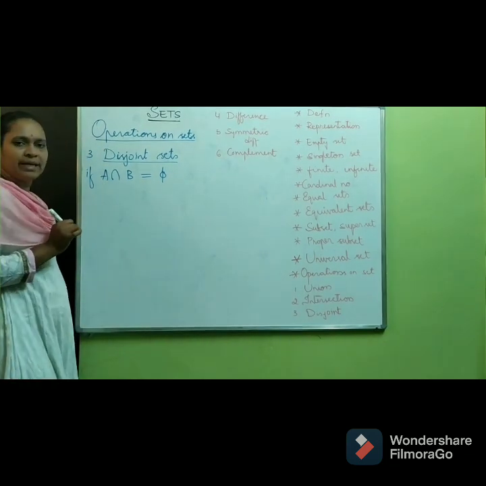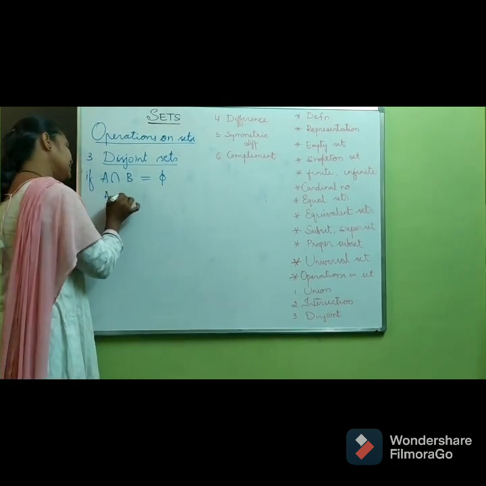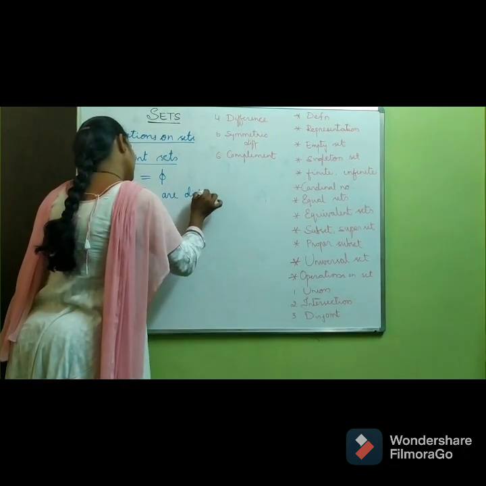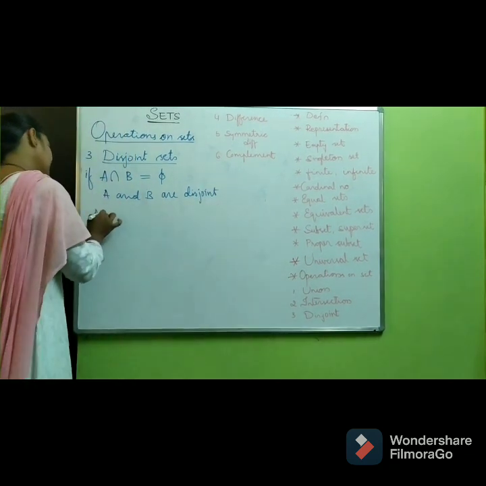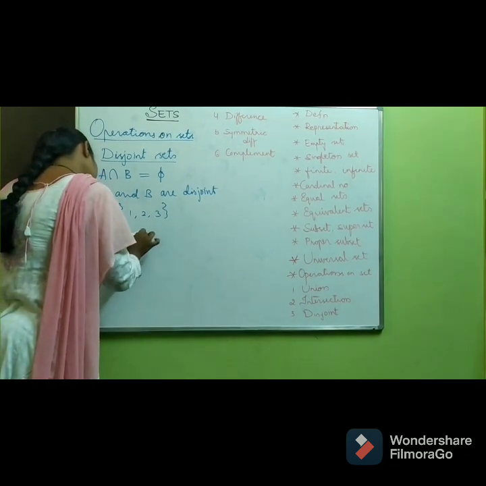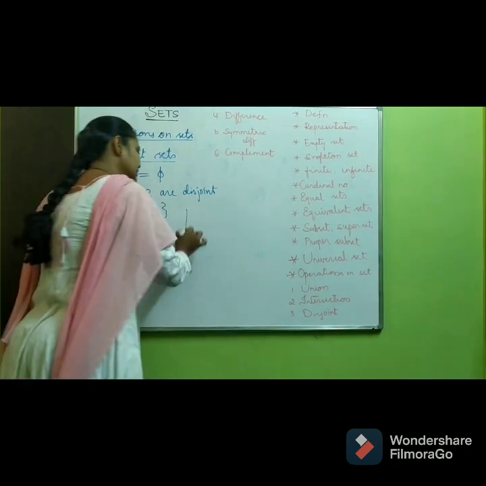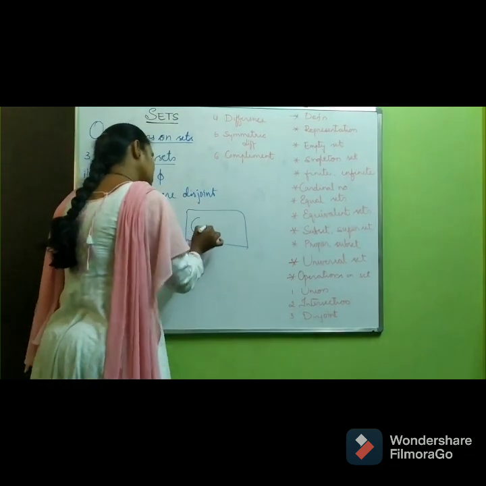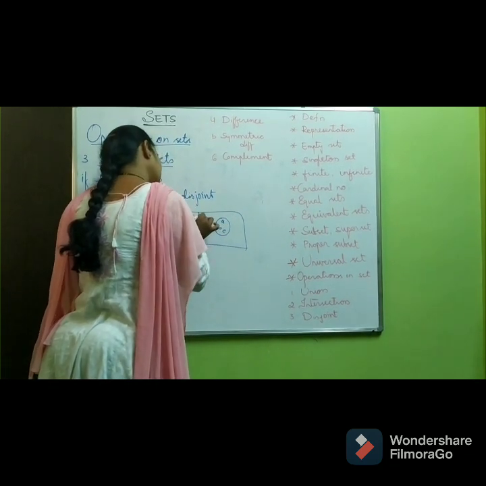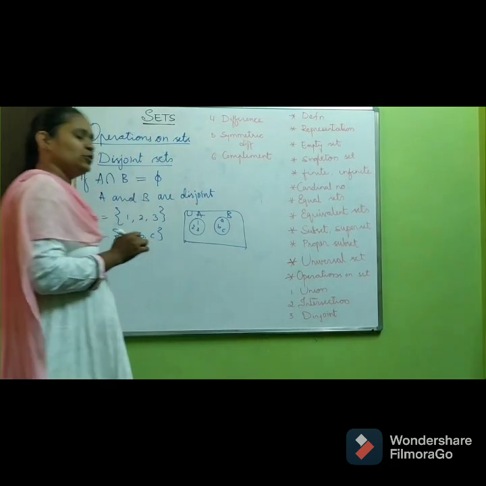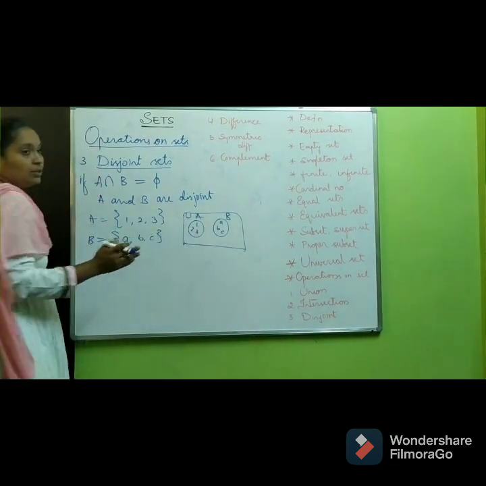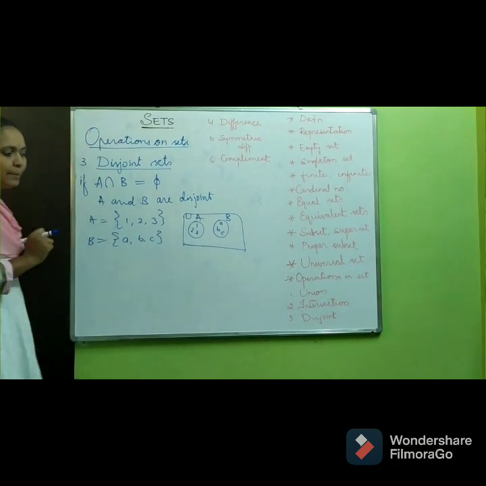If A intersection B is equal to the empty set, then we say that A and B are disjoint sets. Example: A is equal to 1, 2, 3 and B is equal to a, b, c. How to represent it in a Venn diagram? This is A, this is B, with 1, 2, 3 and a, b, c, inside the universal set. Disjoint means there is no common element, so I can't show you any intersecting part.